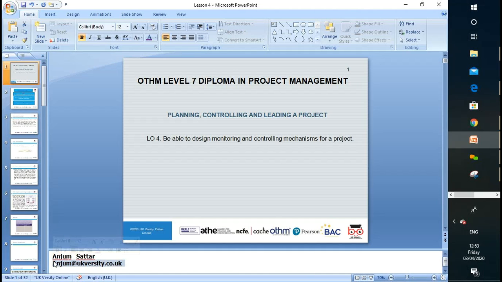The next lesson will go through LO5, and the following lesson will go through the assignment brief as well. In the meantime, go through the assignment brief and think about whether you can or can't, so we can discuss in our assignment brief session, which will be a separate session in which I'll go through in detail how we can address the different learning outcomes.